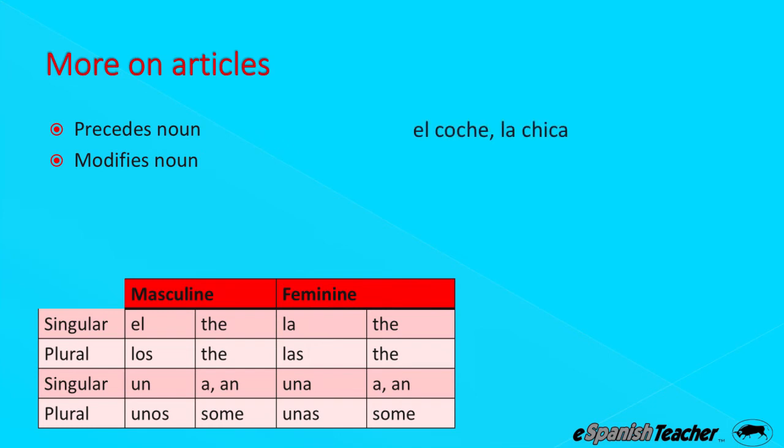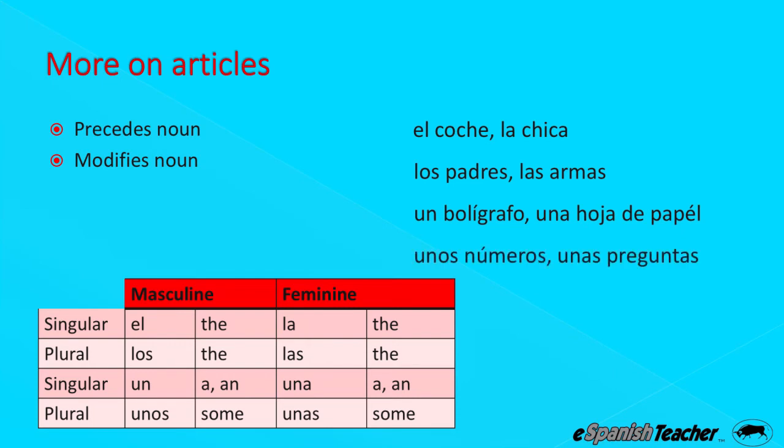El coche, la chica, los padres, las armas, un bolígrafo, una hoja de papel, unos números, unas preguntas. These are just examples where we use articles. And now I'm using these fun little red circles to point out where the articles actually lie.